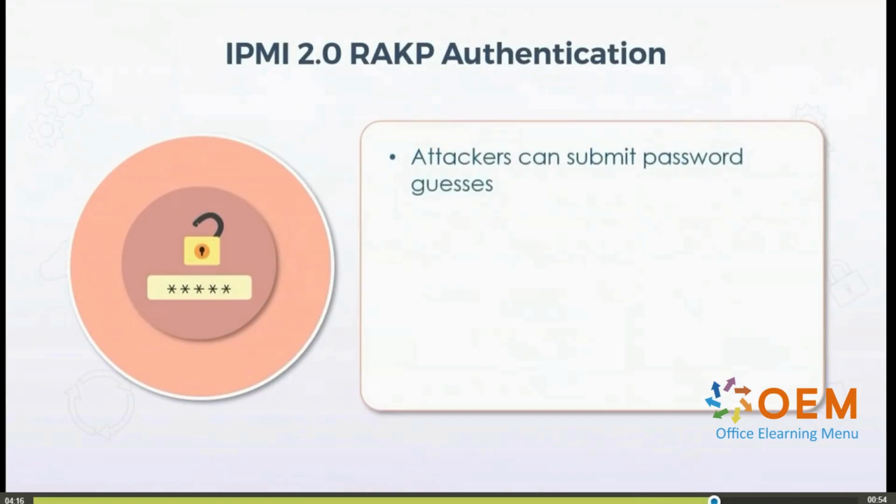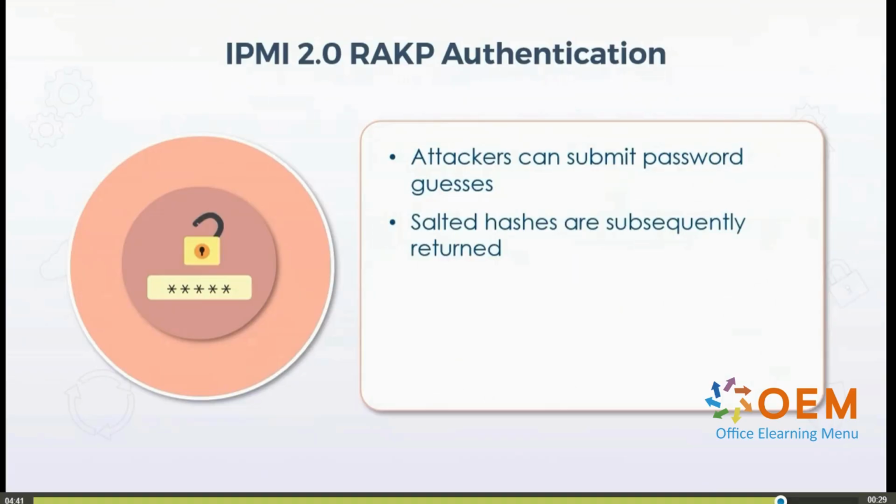Now, even with IPMI modules that require authentication, there is a vulnerability associated with that, and that's within the IPMI 2.0 RAKP authentication module. The way this works is that attackers can submit password guesses in the form of salted password hashes before authentication occurs.